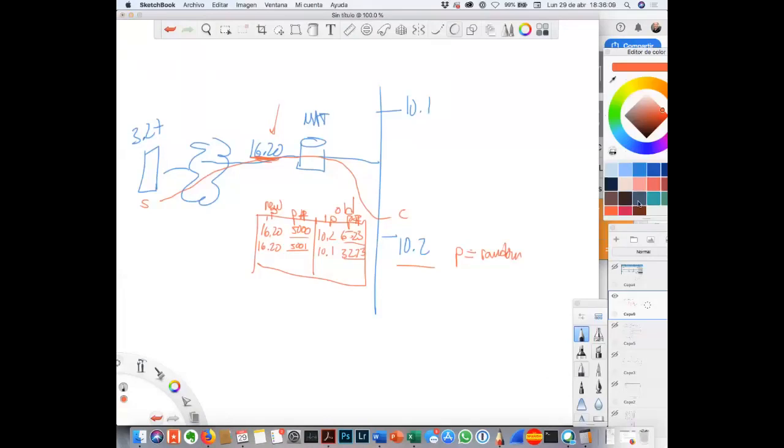And let's say we both need to use port number 81 to connect to somebody at port 80. So this is different than this pair. 10.181 is different than 10.281. I have no problem keeping track of those two. There's something different about them I can uniquely identify. Their IP addresses are different.